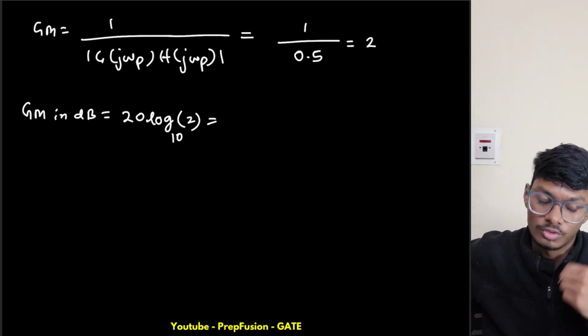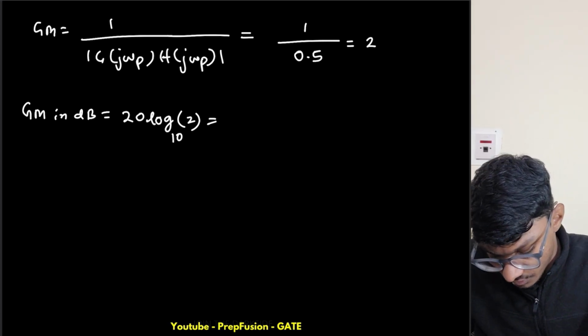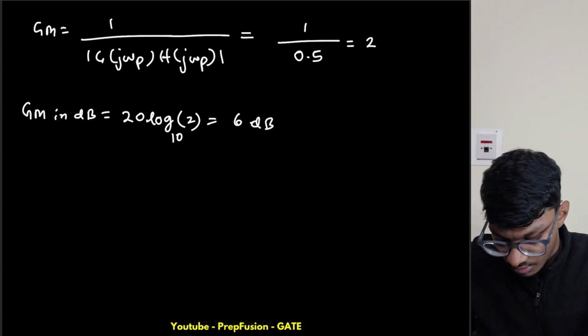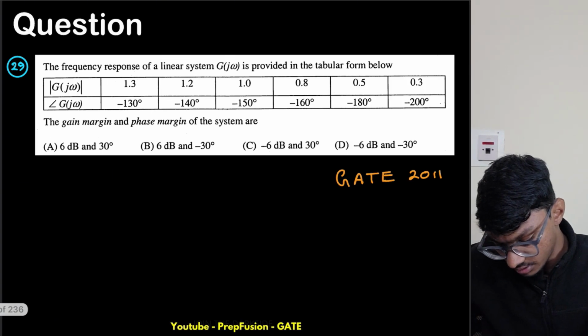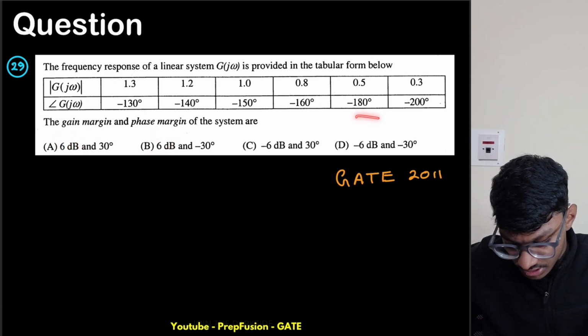You have to remember this because it will come hundreds of times. So this comes out to be 6 dBs. So 6 dBs is okay, and the gain margin is positive.